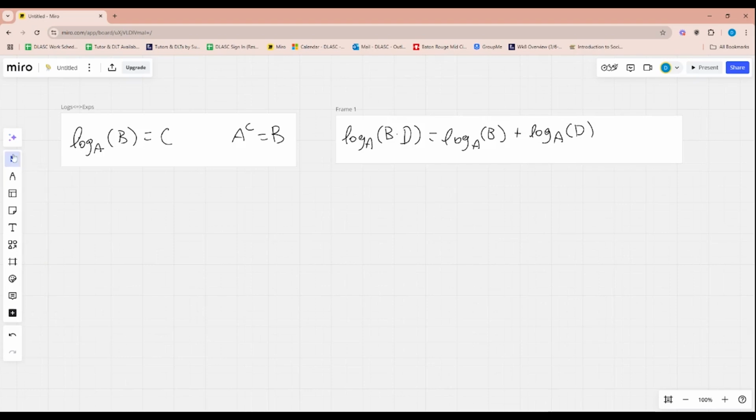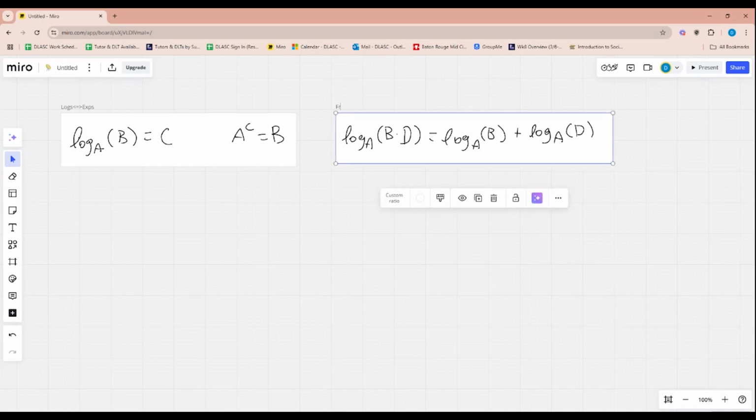I'm going to attack this pretty much the exact same way as the other one, except we're going to need two separate expressions, because this time I have not only log base a of b, I have log base a of d as well. So I'm going to need some constant to represent both of those expressions so that I can break everything down. You will see exactly what I mean in a moment.